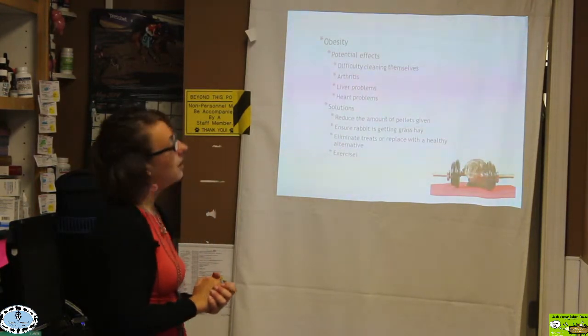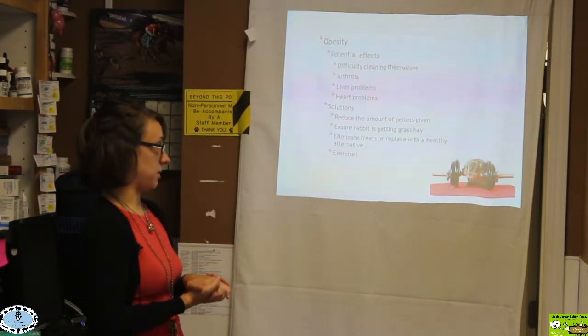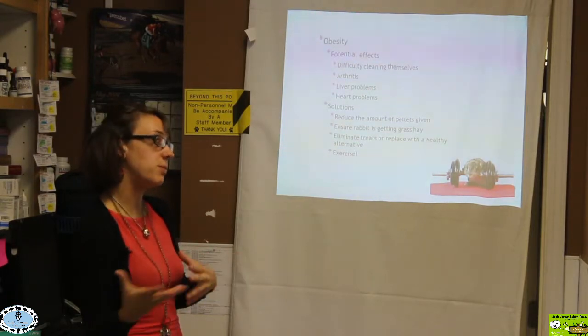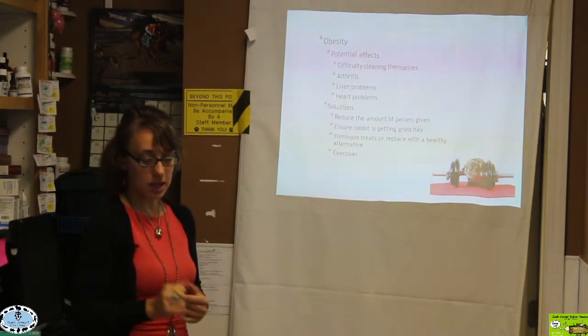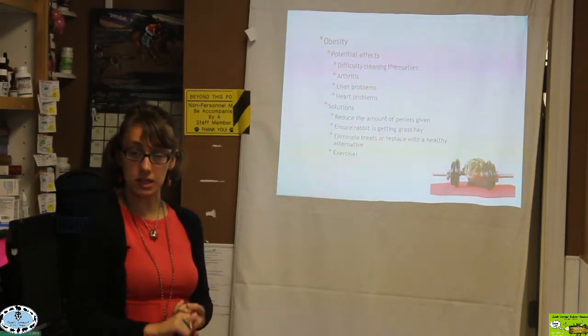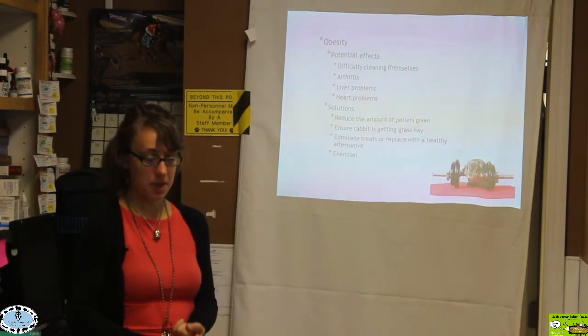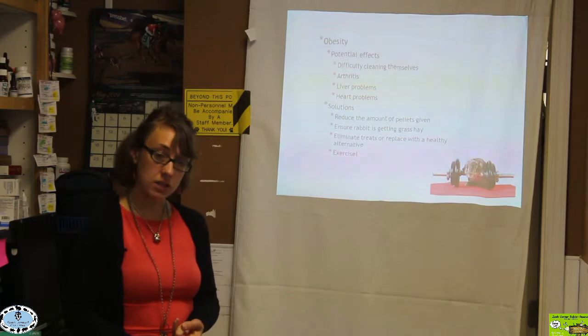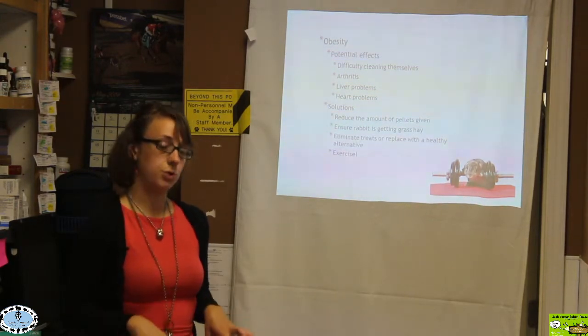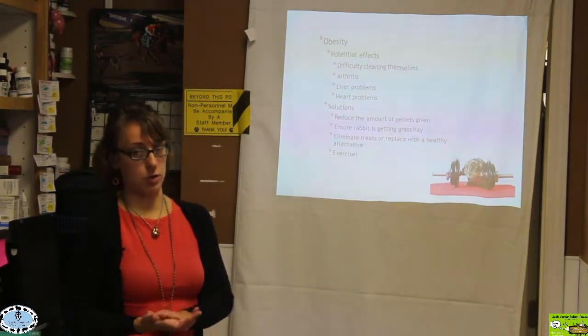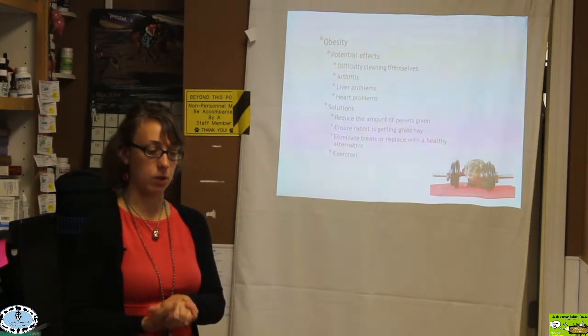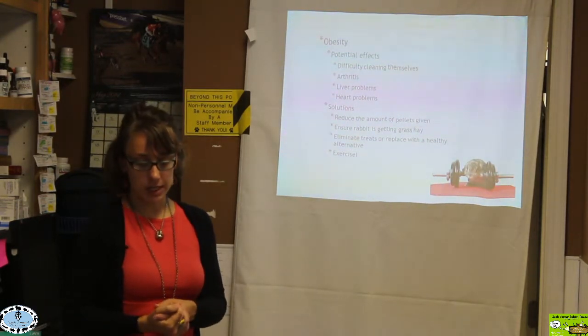The reason we worry about obesity is because there are lots of problems it could cause. It can result in rabbits having difficulty cleaning themselves. That's definitely something we see quite frequently. It also can lead to arthritis because extra pressure is being placed on those joints, so they may have more difficulty getting around.